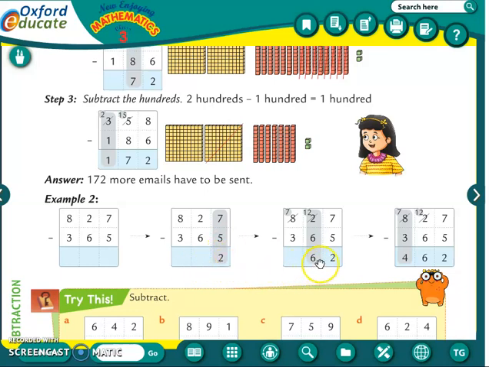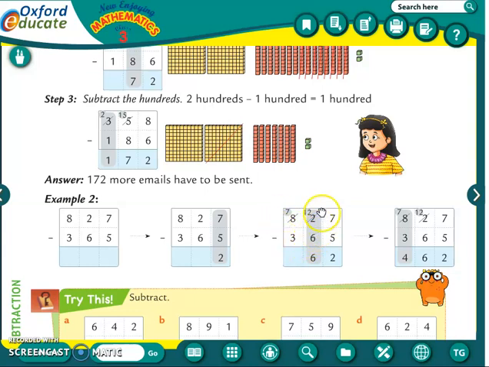In the next step we will do the tens place. So here 2 minus 6. Is it possible, 2 minus 6? No. We can't do subtraction from a smaller number to a bigger number. So we have to carry from the hundreds. So here we will cut 2 and write here 12, and here we will cut 8 and write the before number of 8, 7.